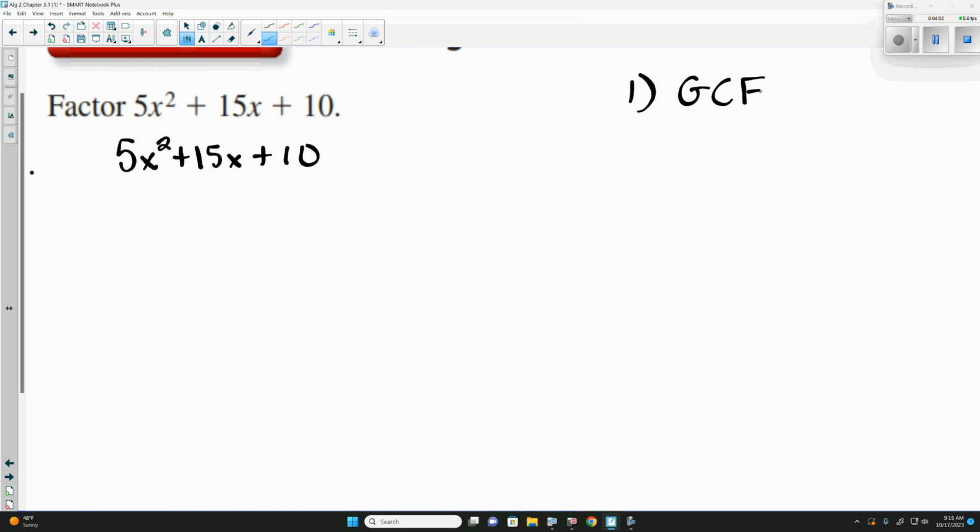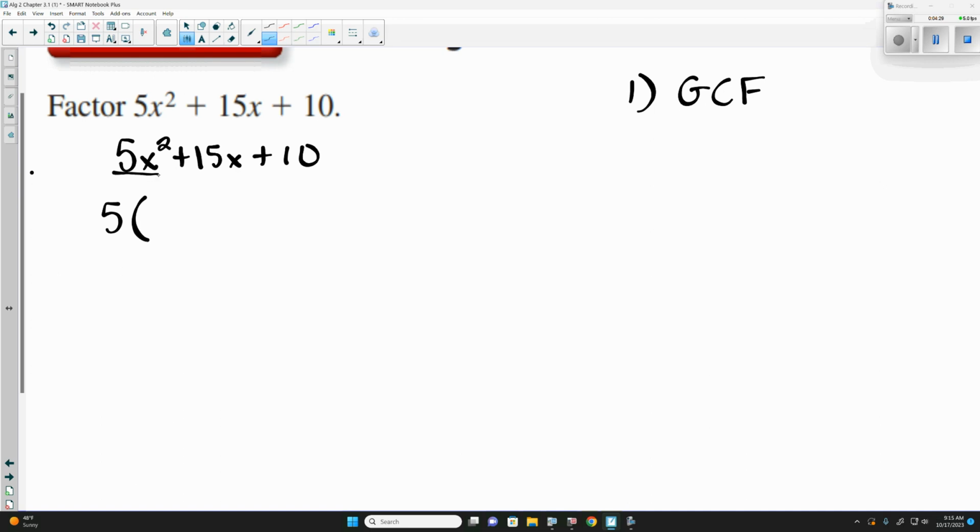And if we look at this, 5x squared plus 15x plus 10, the greatest common factor between all three terms is 5. And we can factor that out. So we'll put a 5 out front. Now when we factor something out, essentially what we're doing is dividing each term by that number or variable.